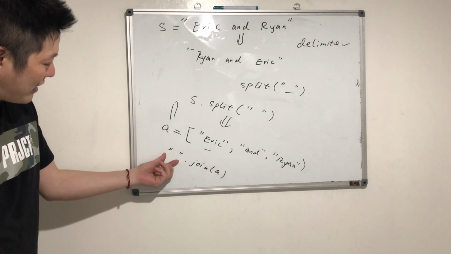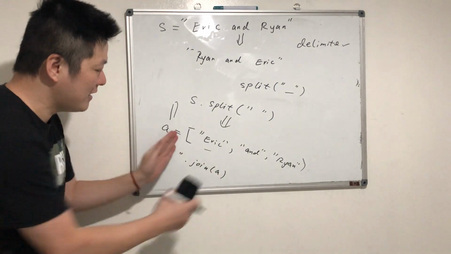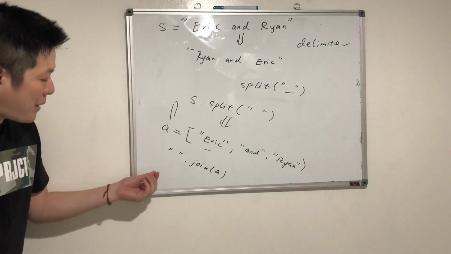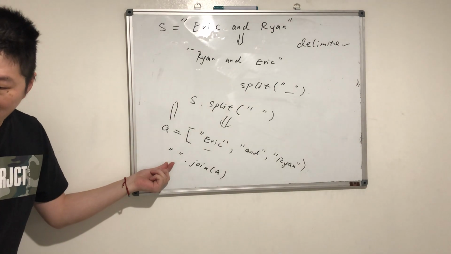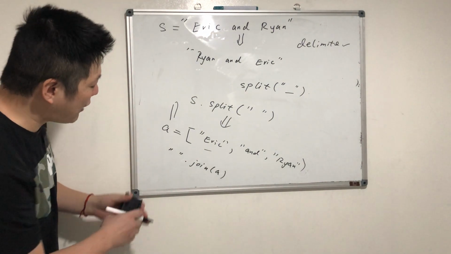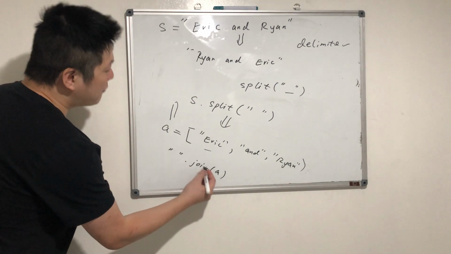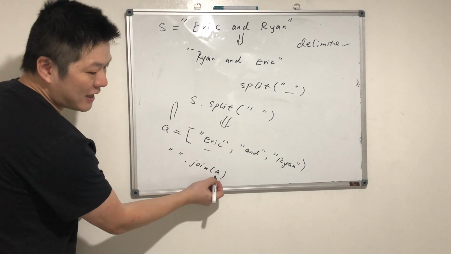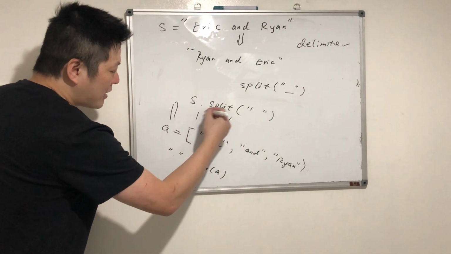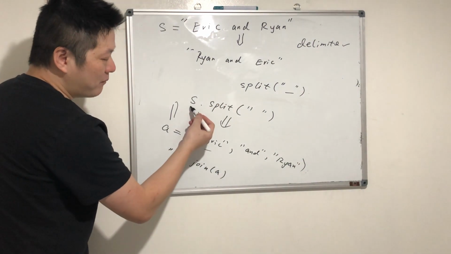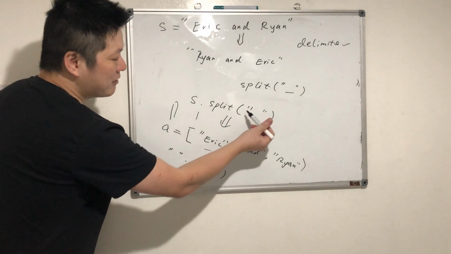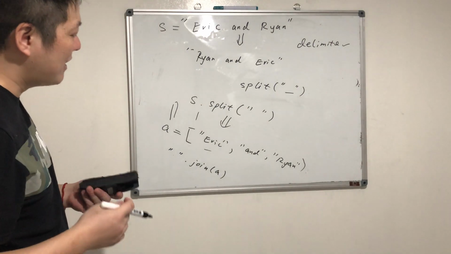It means I want to join the elements in a list by a space. So this way you make a string from a list by delimiter. And in the other direction, you split a string into an array of strings by using the split function.